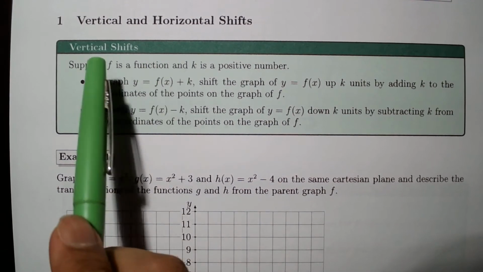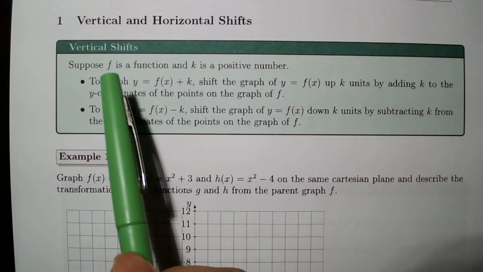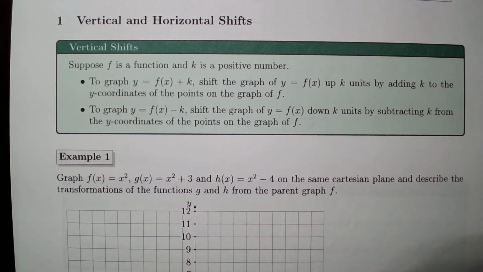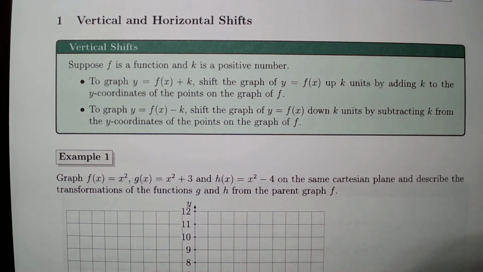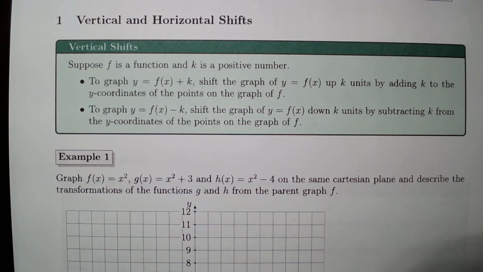So we discuss in this definition the vertical shift. Suppose we have some function, which can be anything like f of x equals x squared, f of x equals x cubed, the square root of x, whatever function, and consider k some positive number.